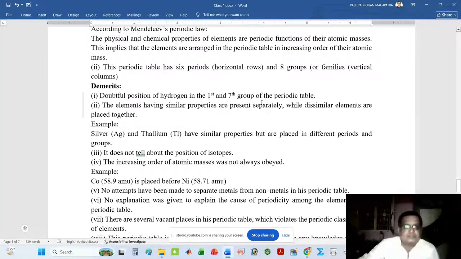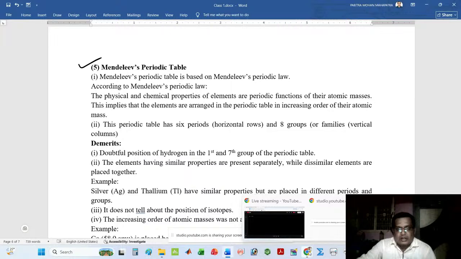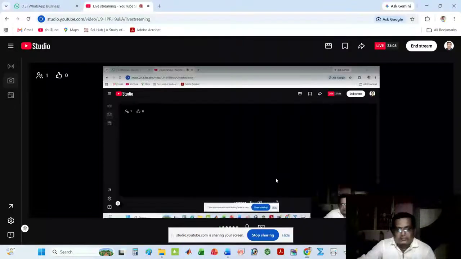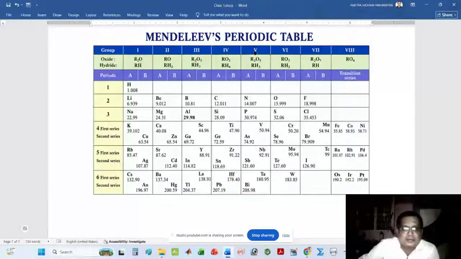Next is the Mendeleev periodic table. What is the Mendeleev periodic table? How will you show it? Let me explain. Look at that. This is the Mendeleev periodic table.